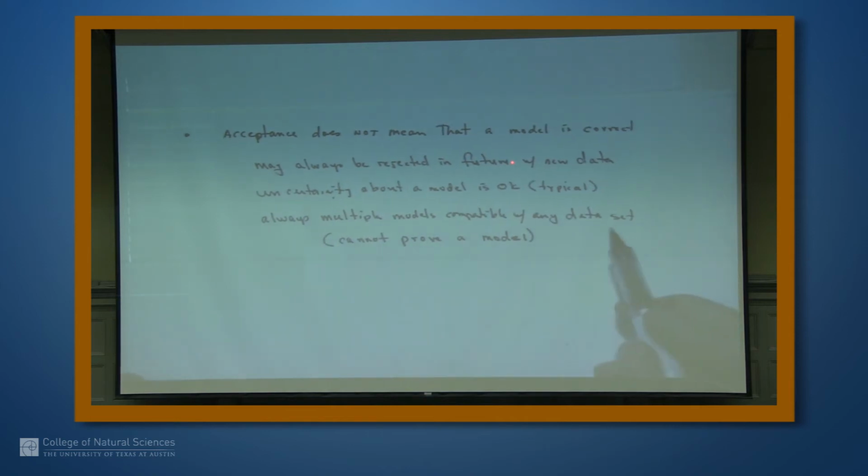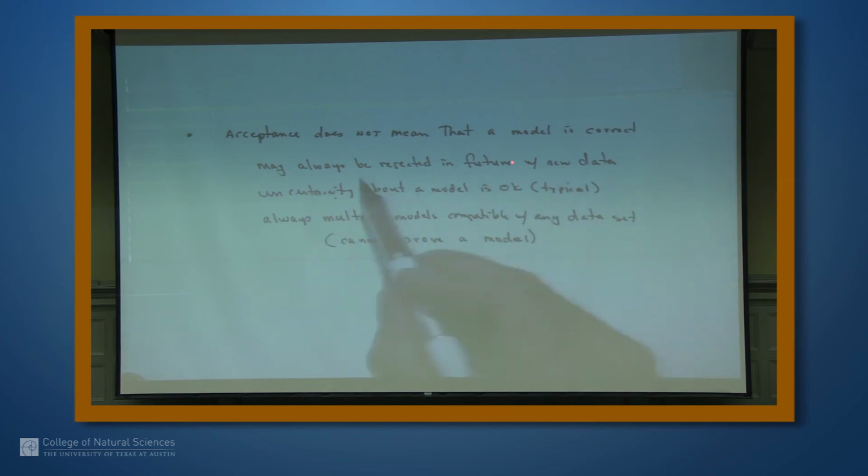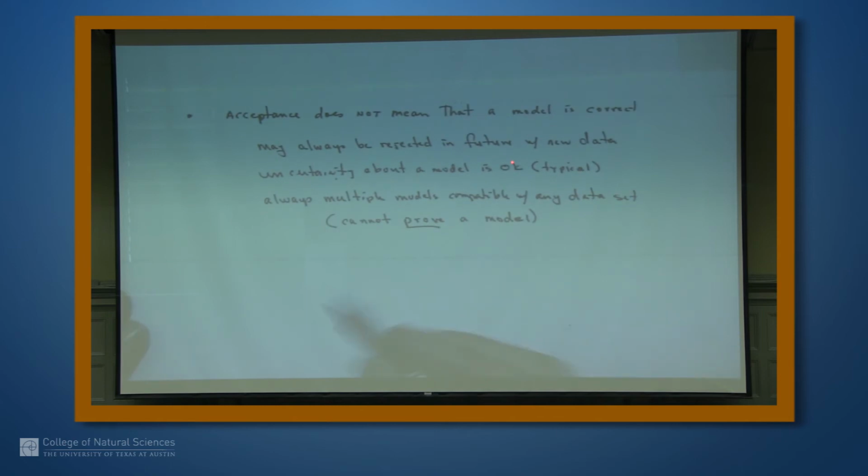If there are multiple models compatible with any data set, it's always possible that a model may be rejected in the future. I just mean that all these points are supporting the fact that we cannot prove a model. So you can choose any one of them, actually. But remember, if you see a statement saying we prove this model, then it's not a good option on an exam.